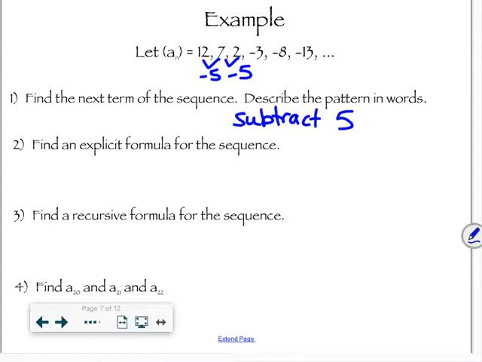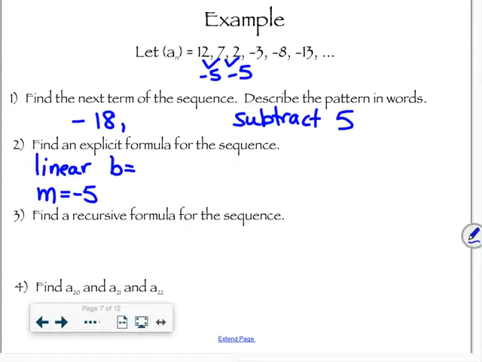All right, what was the next term in number 1? What was the next term? Negative 18. Negative 18, and we said subtract 5, so it is linear. So my slope is the common difference, and then to get the b value, you have to go backwards one term, okay?